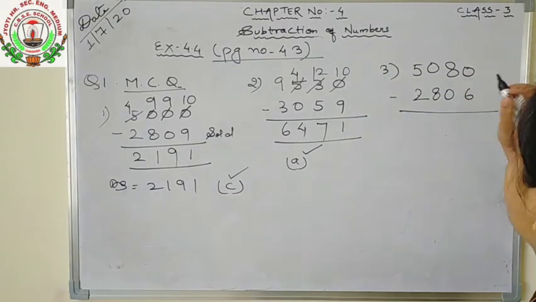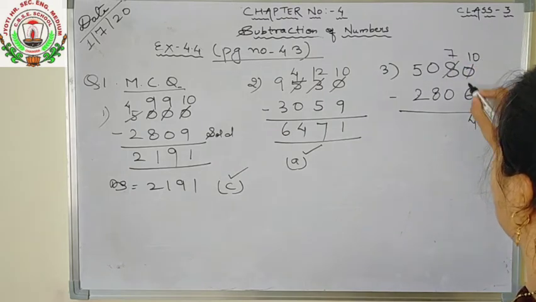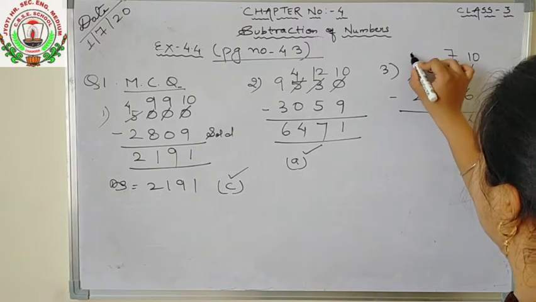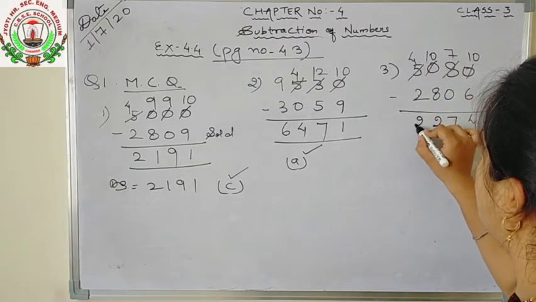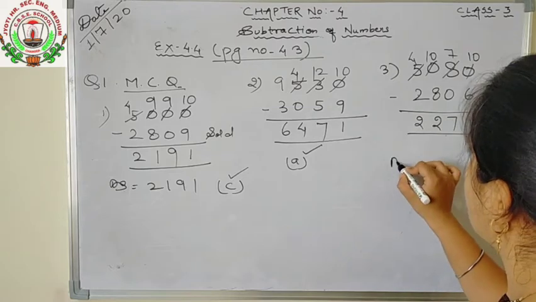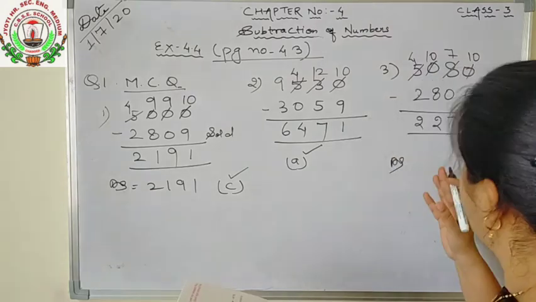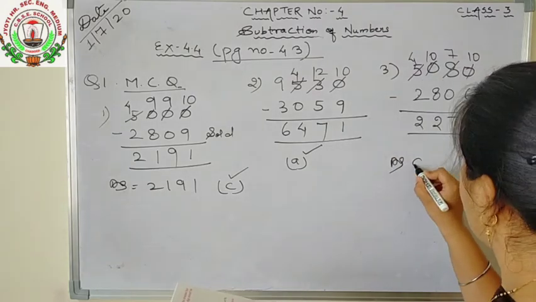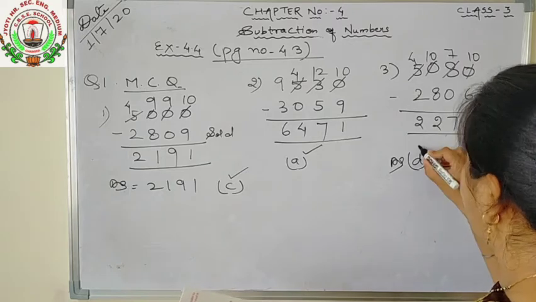So we will subtract and find. 7, 10. 10 minus 6, 4. 7, 10 minus 8 will be 2. 4 minus 2 will be 2. So what is the number of girls? 2274, which is given in option number D. So you will tick that option.